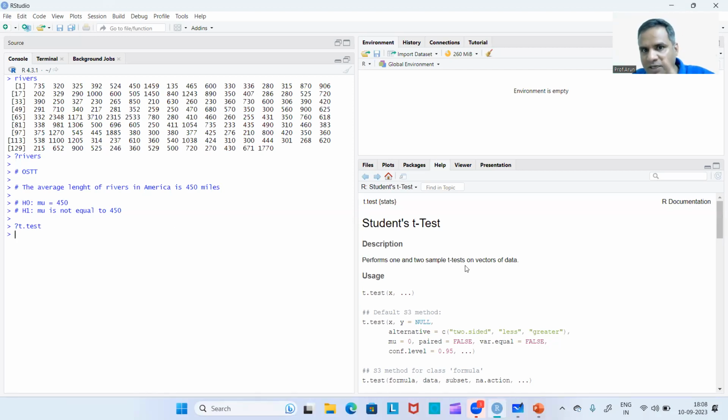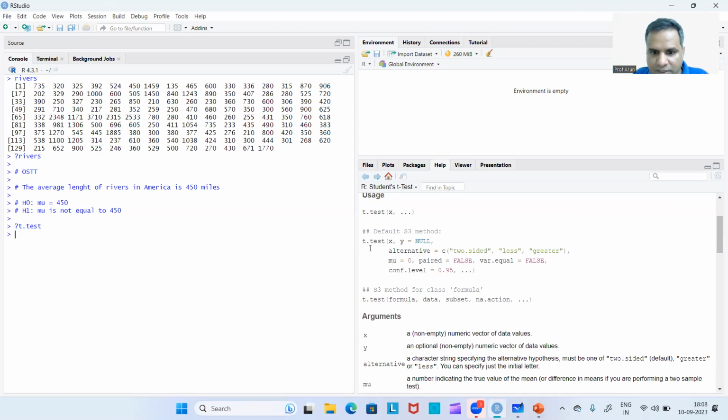Now we have only one variable, length of rivers in America. There is no other variable. See, this is the syntax: t.test x comma y equal to null alternative. When you say mean is not equal to 50, by default it's a two-sided test, and mu whatever it may be.